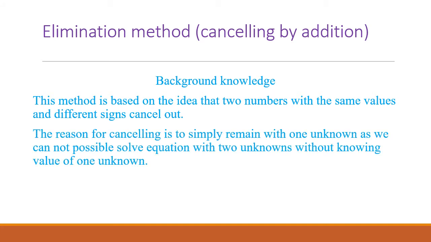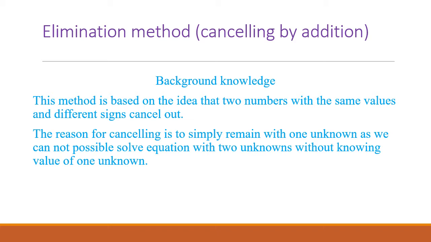The reason for cancelling out is simply to remain with one unknown, as you cannot possibly solve an equation with two unknowns without knowing the value of one unknown. So we have to eliminate one variable so that we remain with one unknown, and then it will be very easy to solve.